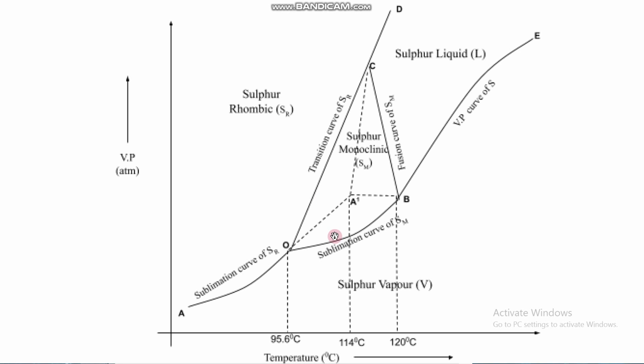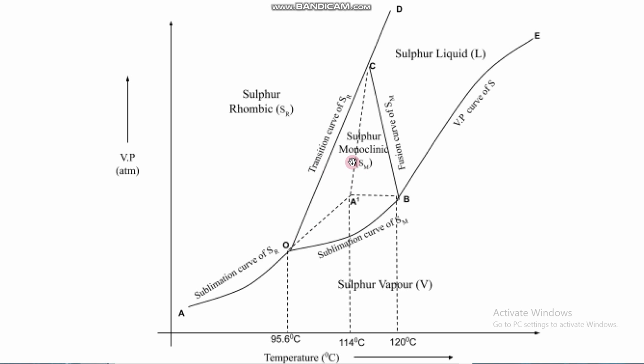And next is the area sulfur monoclinic, with curves OB, BC and CO. Here the OB curve shows equilibrium between sulfur monoclinic and sulfur vapor, the BC curve shows equilibrium between sulfur monoclinic and sulfur liquid, and the curve OC shows equilibrium between sulfur monoclinic and sulfur rhombic.